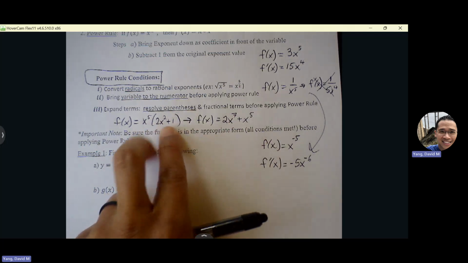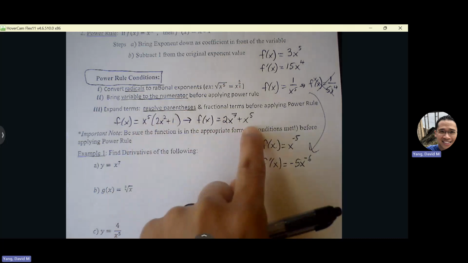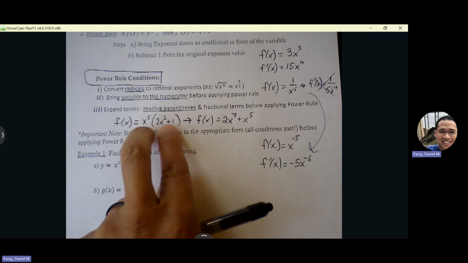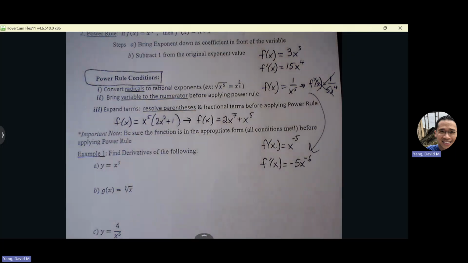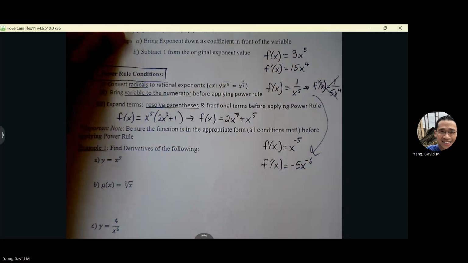The big idea is that you cannot do power rule when these are connected by multiplication. We have to either resolve it or involve a more involved rule like product rule or chain rule. But right now we're just talking about power rule, so we want to talk about the conditions required for power rule.